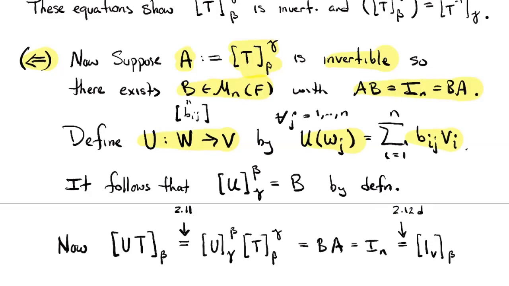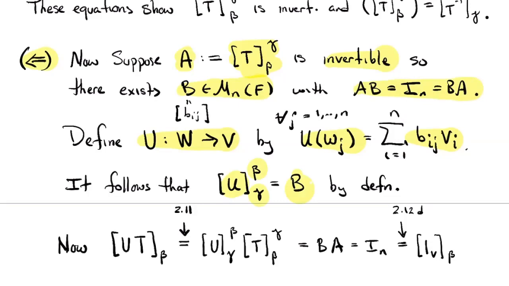So for a fixed j, I take the entries in the jth column of B, and I multiply them one by one by the corresponding vector Vi, and I add from i from 1 to n. And if I do that, then by definition, stop the video and make sure this makes sense, but it literally is by definition, the matrix of U in the gamma beta basis is B. It's the matrix B.